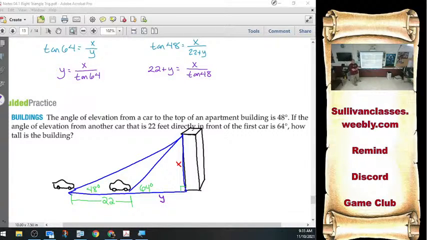I found that the distance from the middle car to the building, or like the... I found this one, which was... How? Because you have those two, and then you can use that one like that. It's not a right angle. It's not right.